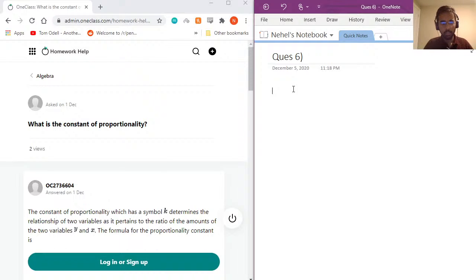Question number 6. What is the constant of proportionality? Two things are said to be proportional when one term increases, the other term increases as well, or when one term decreases, the other term decreases as well.